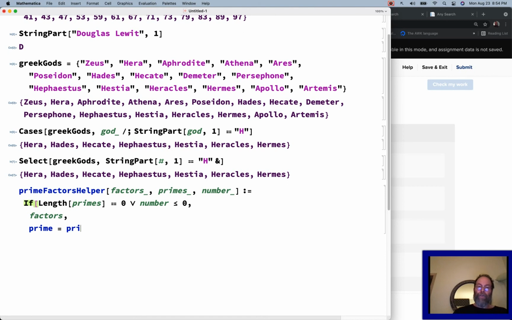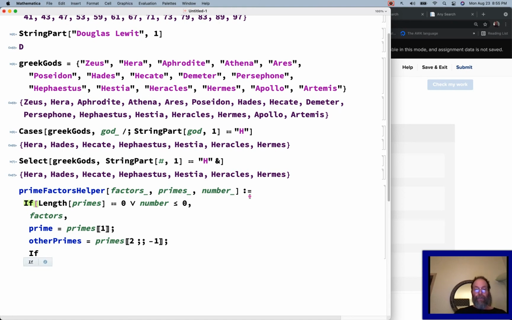Prime is equal to primes[[1]]. That's going to be the first number in the list. Semicolon, because I'm chaining a bunch of commands together, okay? Other primes will be the rest of my list. Remember that in Mathematica, the first index is 1, not 0, right? Semicolon. You need that semicolon because otherwise this is not going to work.